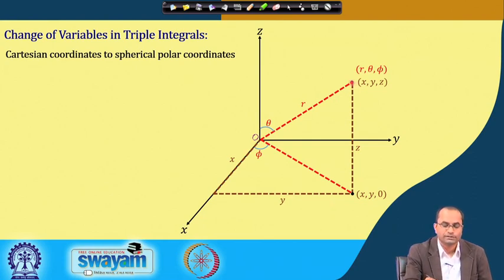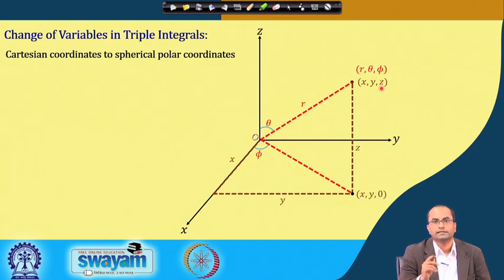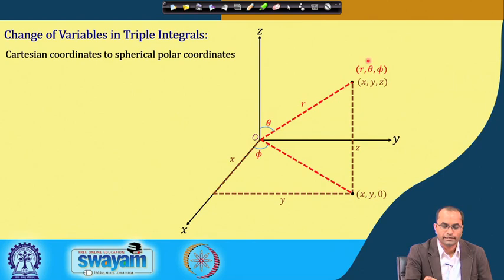So again, to represent this point, which was (x, y, z) in Cartesian coordinates, in spherical coordinates we use r, theta and phi. Here r is the distance from the origin to the point, theta is the angle from the z axis, and phi is the angle from the x axis to the foot of the perpendicular from the given point to the x y plane.